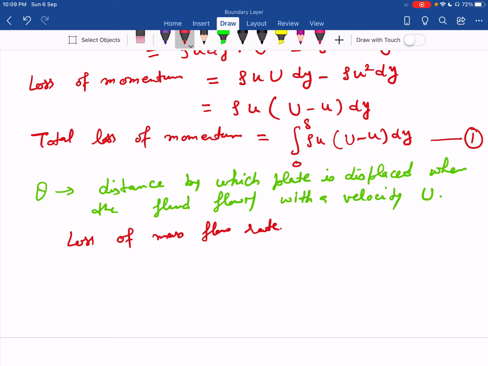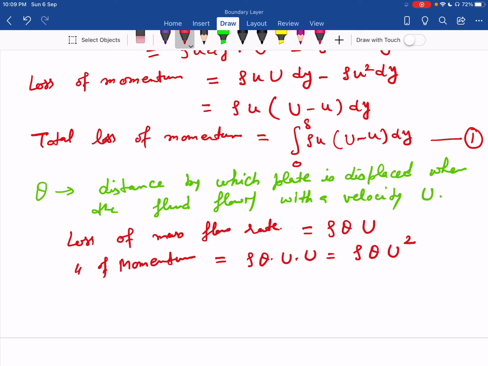So that loss is, the mass is rho theta into U. Okay. And the loss of momentum, that is rho theta U into U. So that becomes rho theta U square. That is your equation number 2.